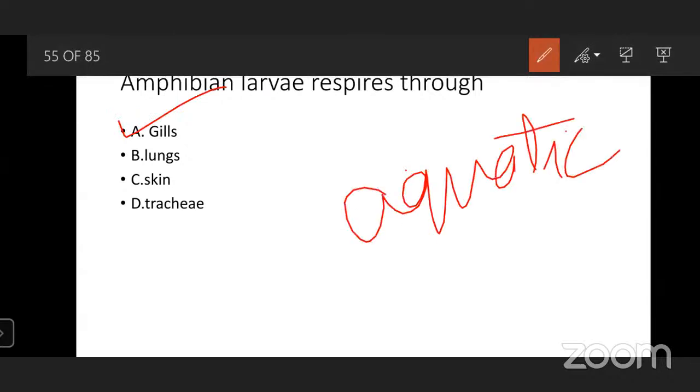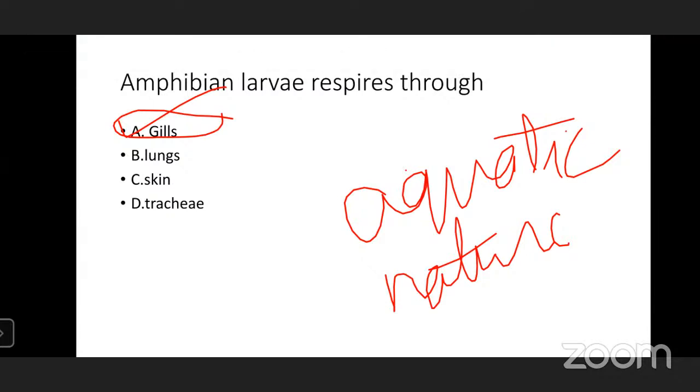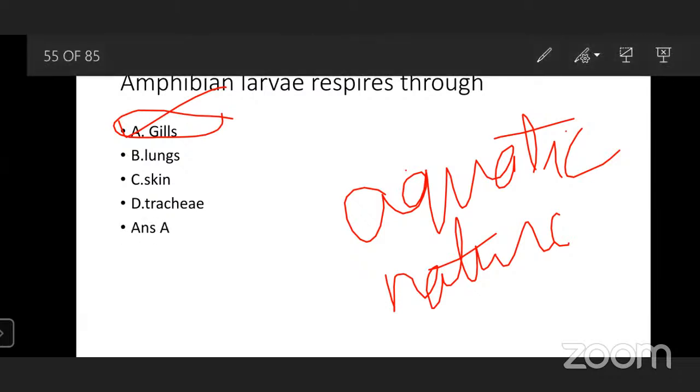The amphibian larvae are living in the water, they are aquatic. So when they are aquatic, they have to respire through the gills, because they cannot take atmospheric oxygen. So they have to take the dissolved oxygen, which will be taken through the gills. So the respiratory organ in amphibian larvae is the gills.